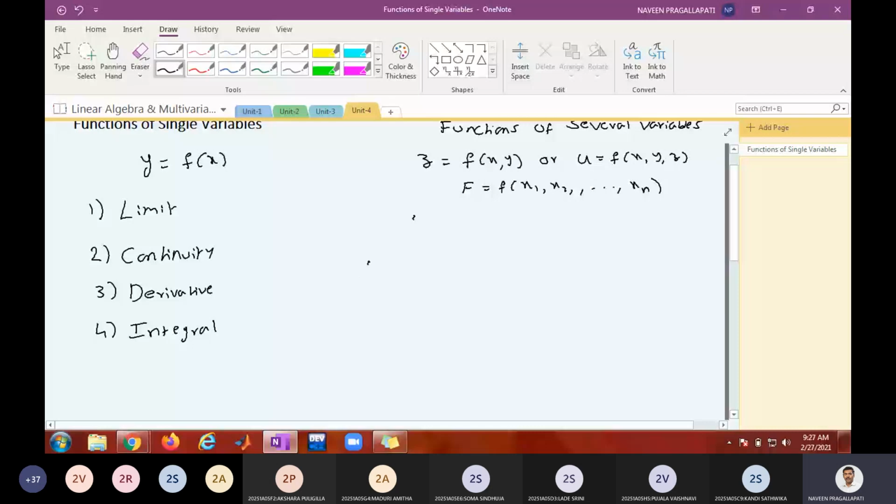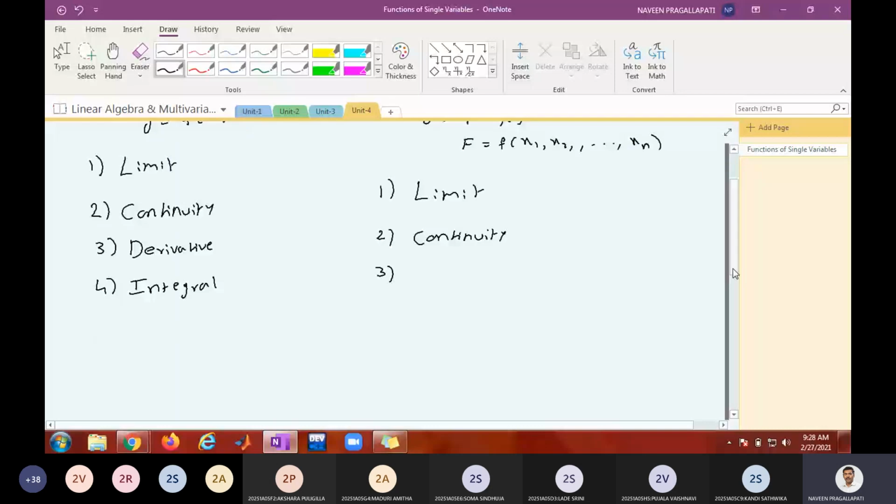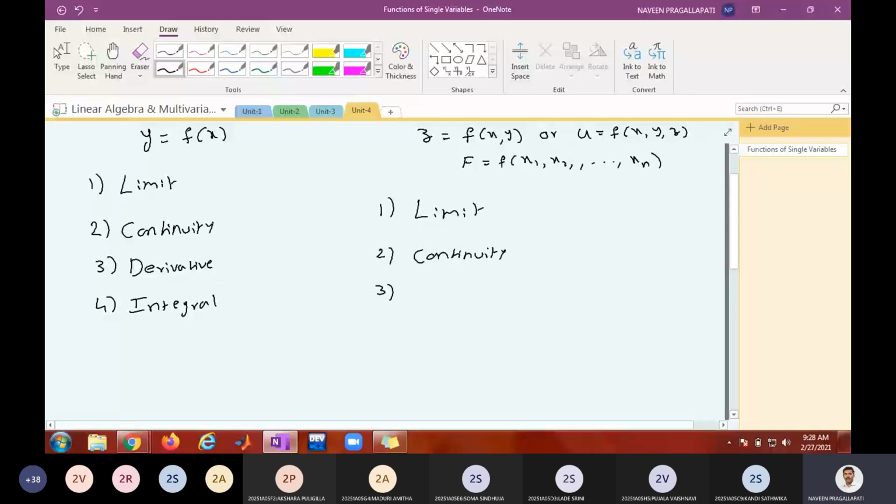So for functions of several variables also you will be learning limit, continuity. What will be the next concept? Will you have derivative? What kind of derivative you learned in functions of single variable?